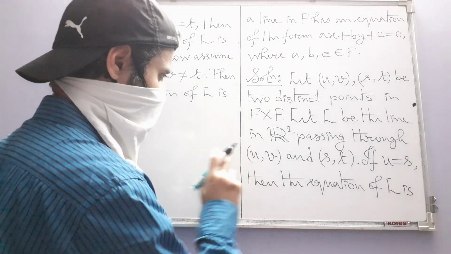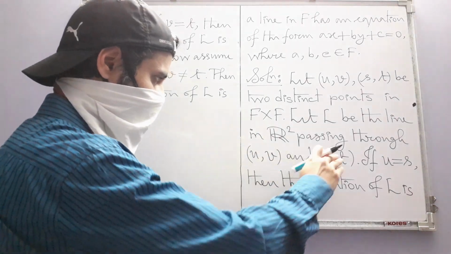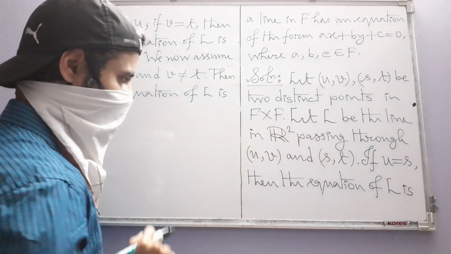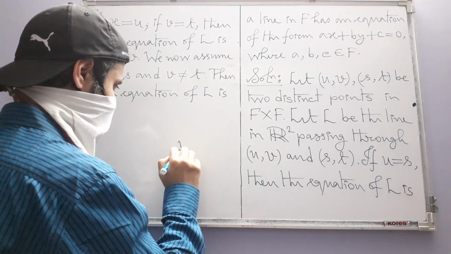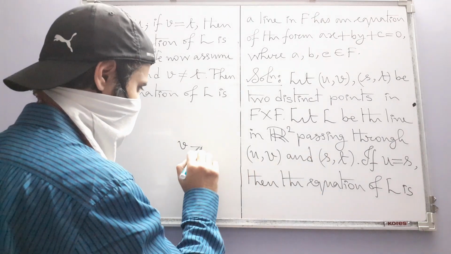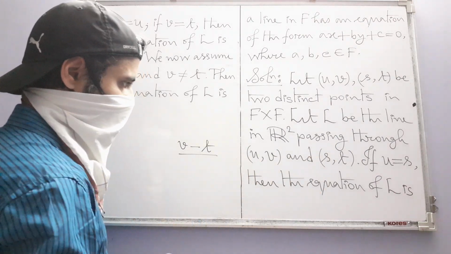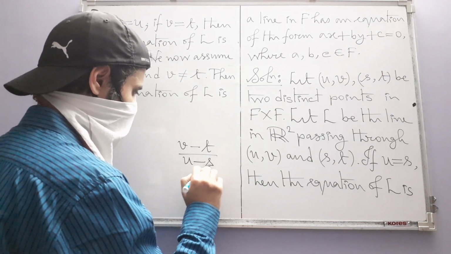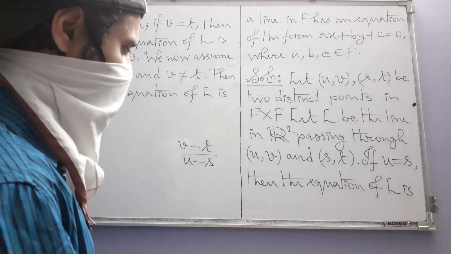So what is the slope of the line L which passes through these 2 points? Difference in their y coordinate, that is v minus t, divided by the difference in their x coordinates, that is u minus s.